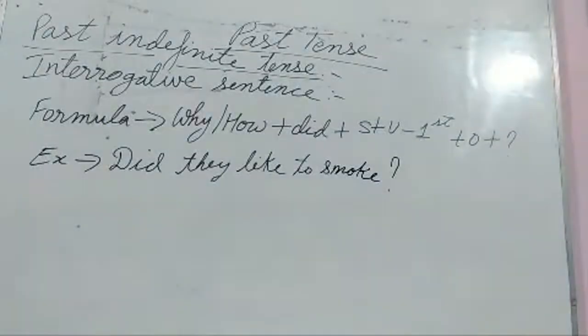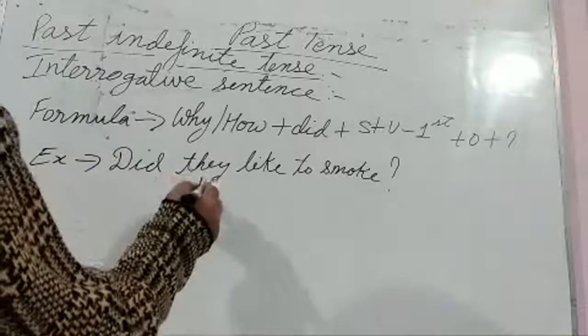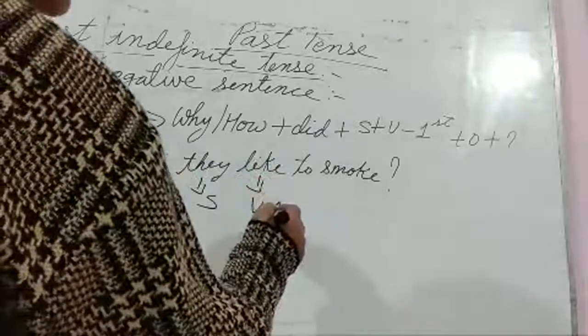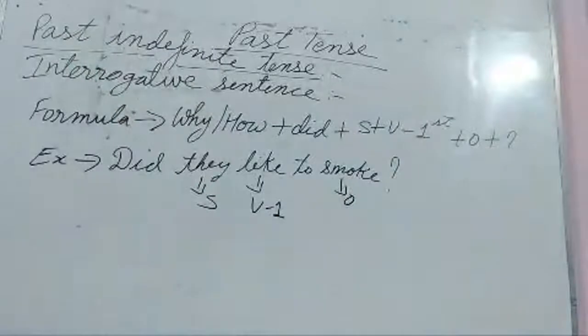The example is, did they like to smoke? So here, as it is an interrogative sentence, did, as you are asking the question, they is your subject, like is the verb of first form, and to smoke, here smoke is your object and the question mark.